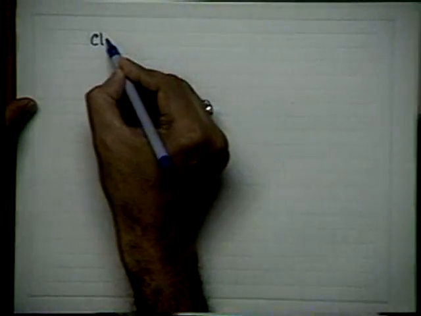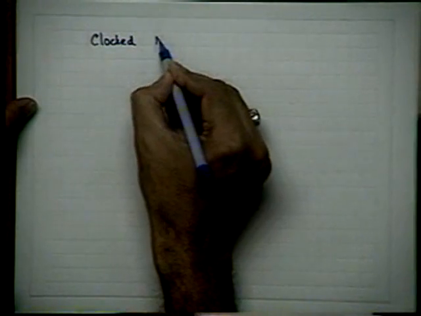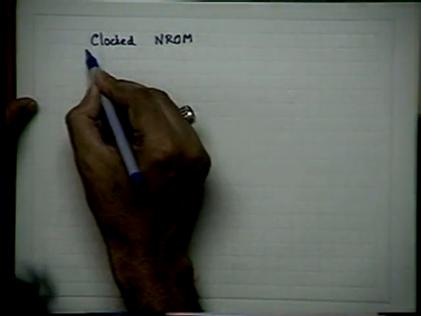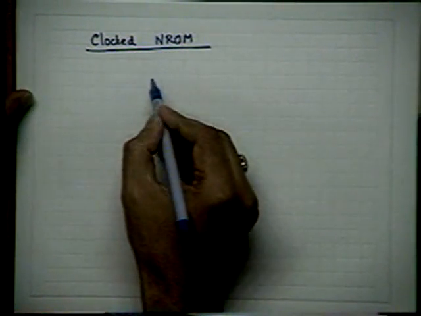Now, these ROMs, as you know, should also be clocked. Let us see what is the clocked version of a ROM. Clocked ROM. Something like this.